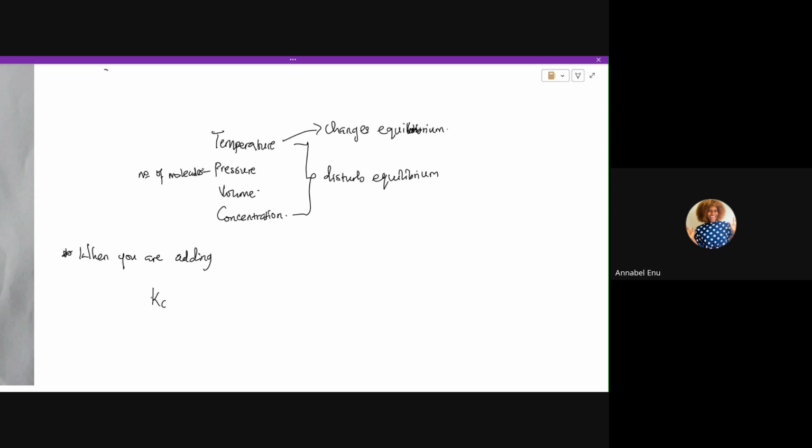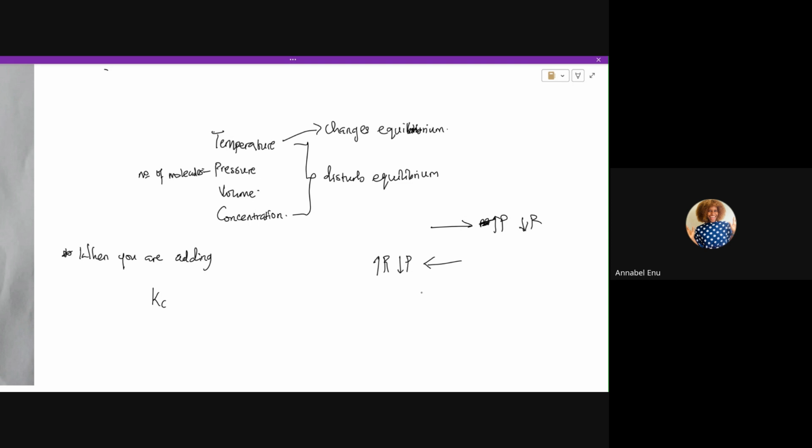We also mentioned that the forward reaction, denoted by this arrow, means equilibrium is shifting to the right, to the side with more product and less reactant. And the backward process would mean we have more reactant and less product.